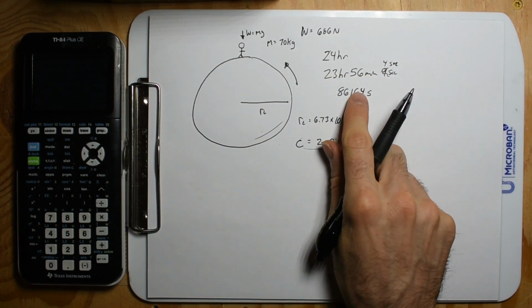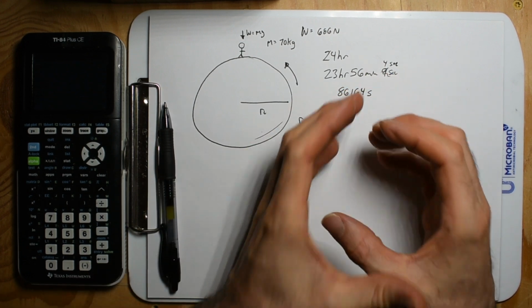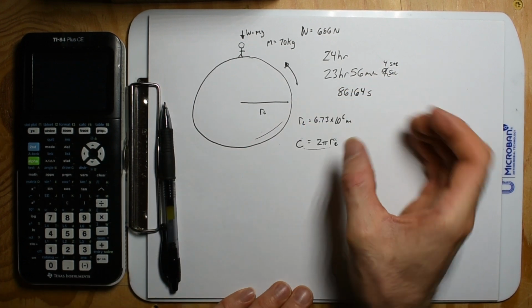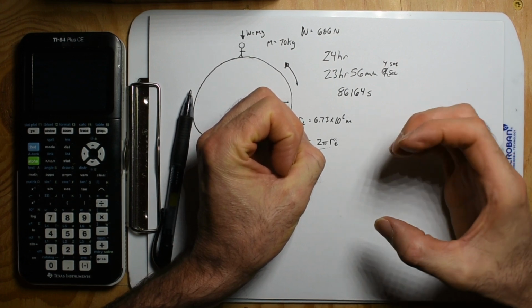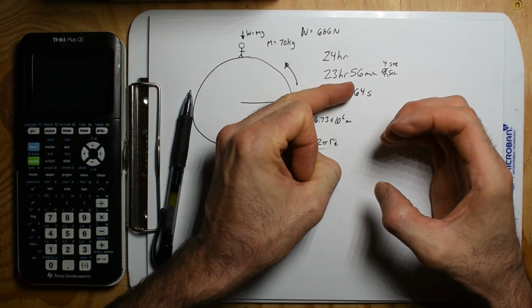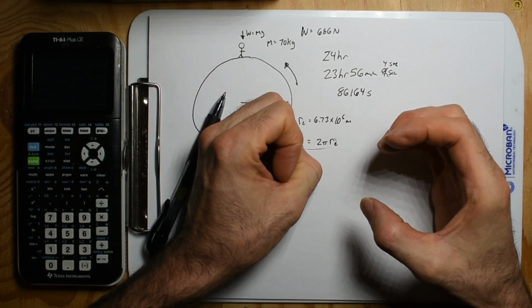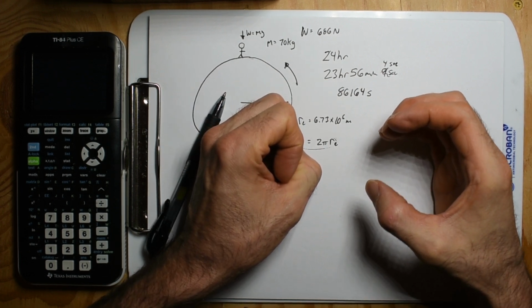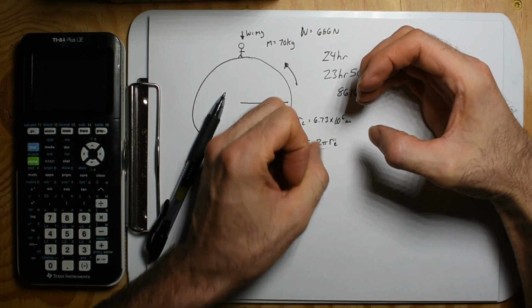So that's why a day is a little bit short. A day is 24 hours, because again, you're facing the sun, high noon. And then in 23 hours, 56 minutes, 4 minutes less, you should have been facing the sun, but you're also rotating this way. So it takes that extra 4 minutes.